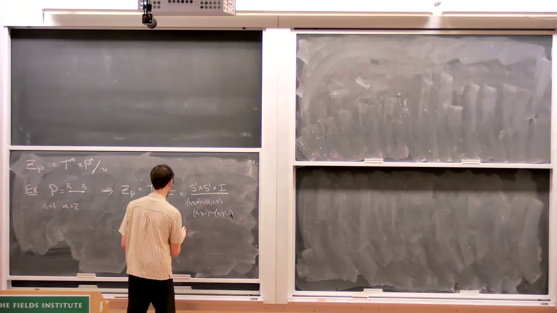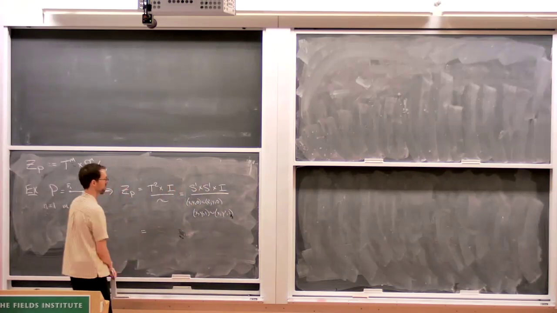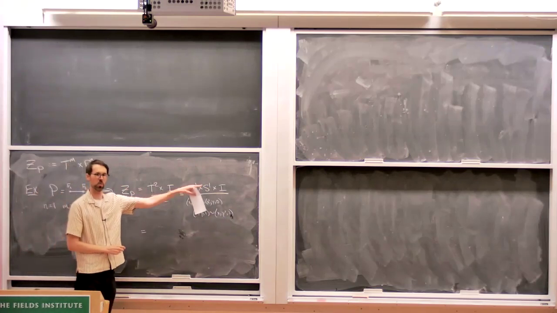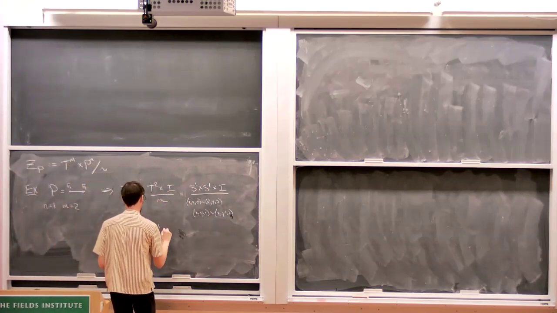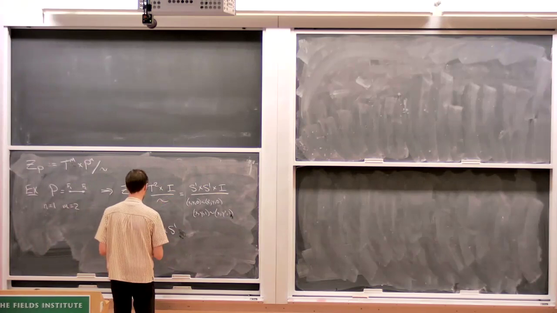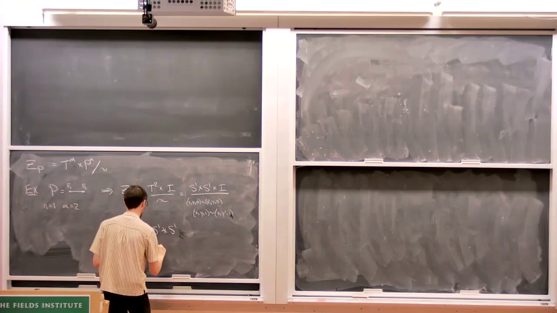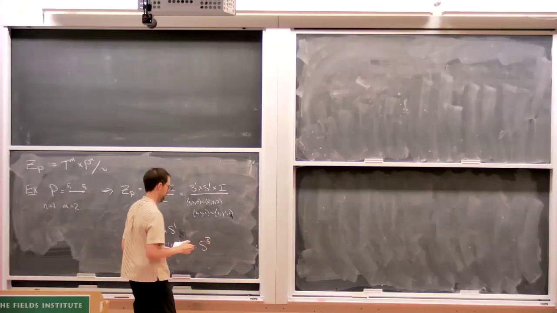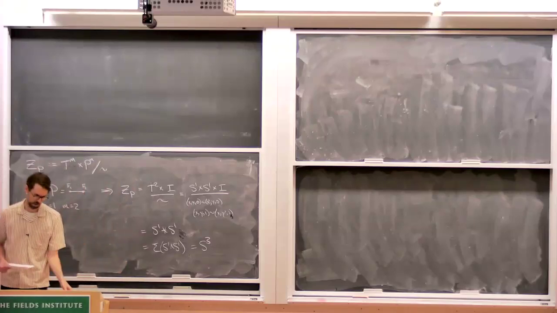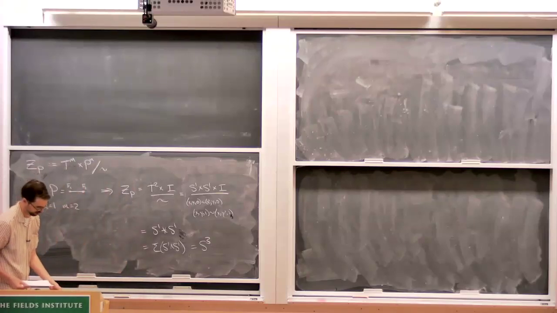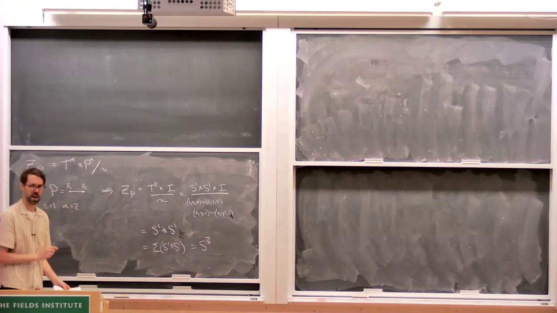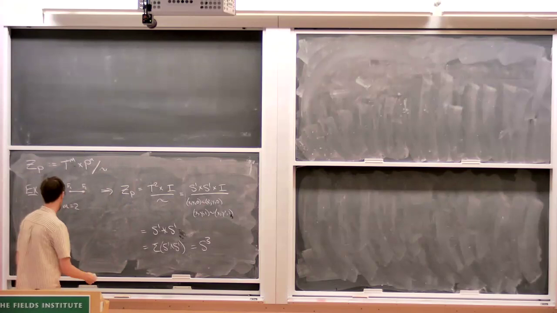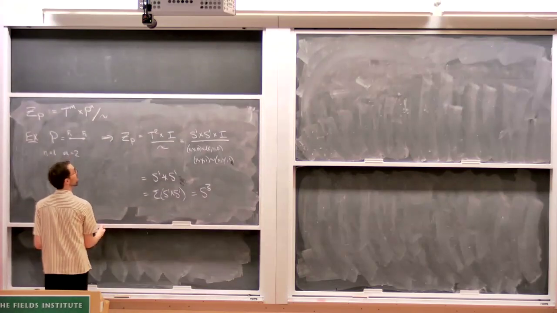So that is otherwise known as the join of S1 with S1, which is the same thing as the suspension of the smash. So we get S3 as our first example of a moment angle manifold. I'll remember to come back to this example in a moment, after we see the more modern definition.